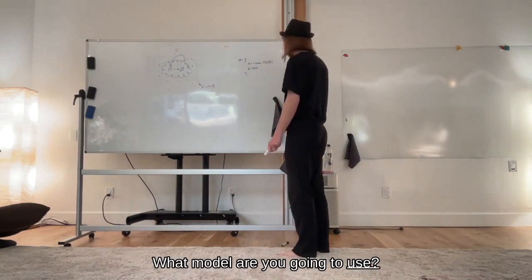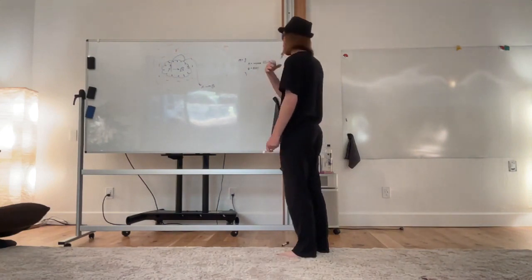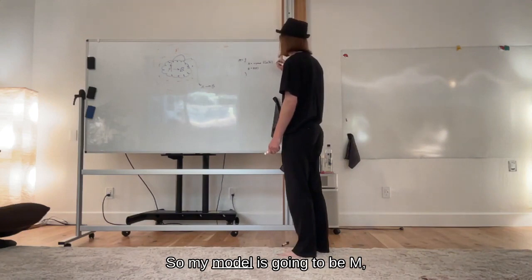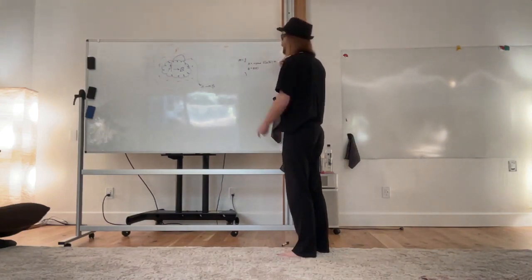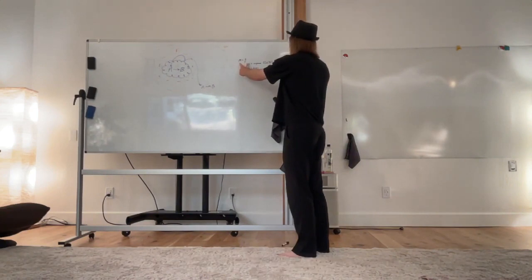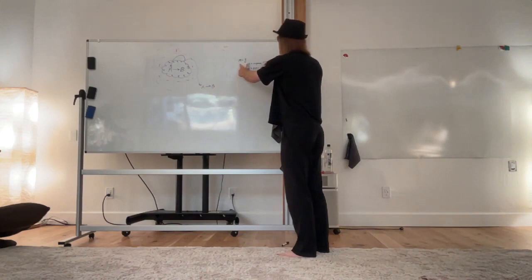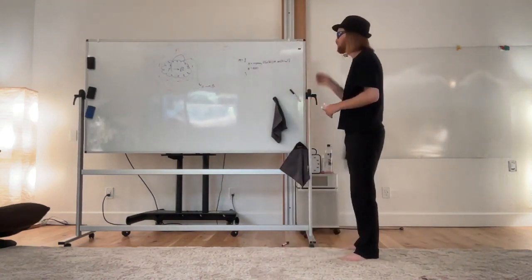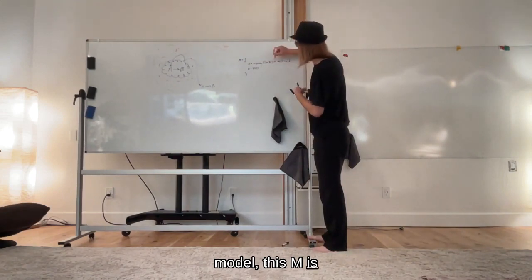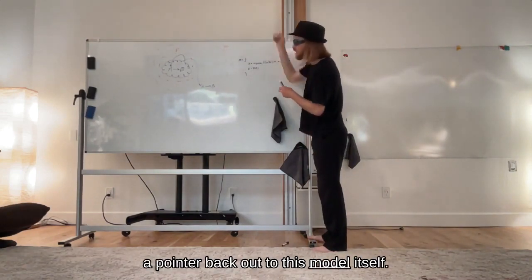Which model? For the sake of argument, say we're building a causal decision theorist, so my model is going to be M, this model itself, dot do, where I set big A equal to little a. So this M is a pointer back to this model itself.